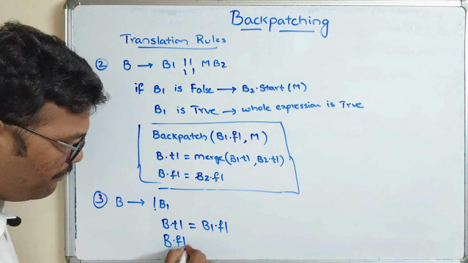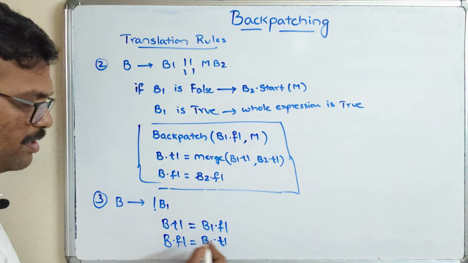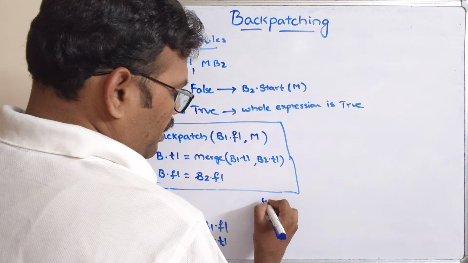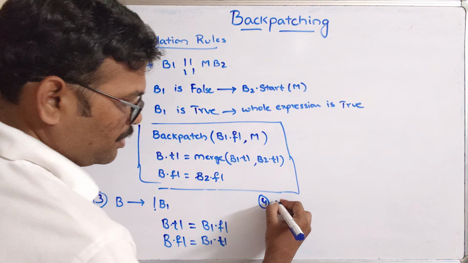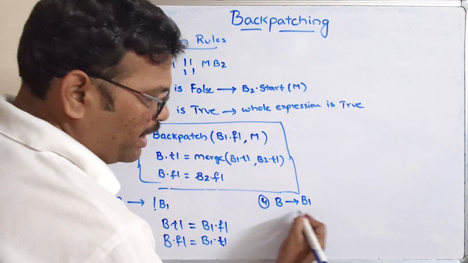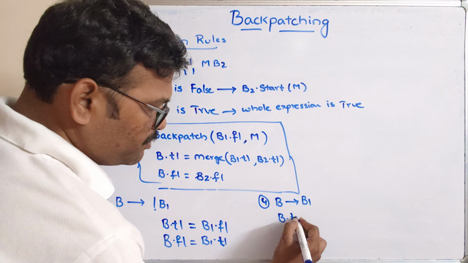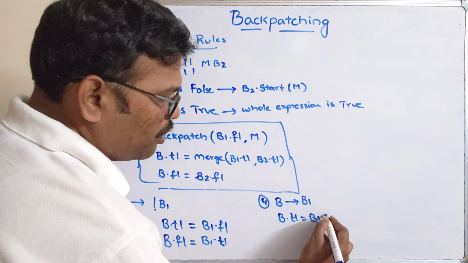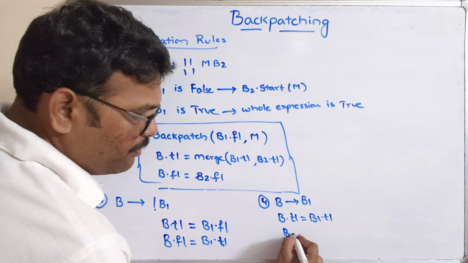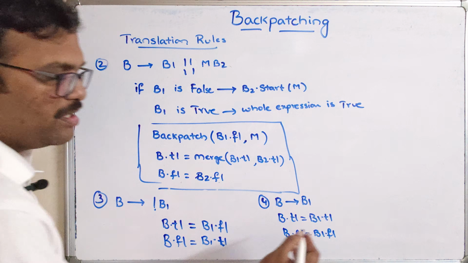Similarly, whenever B1 is in the true list, the result will be false. And the next one, B tends to B1. This is similar to assignment. When B is in the true list, if B1 is also in the true list, automatically the result is B true list. When it will be in the false list, whenever B1 is in the false list, automatically that will be the result.